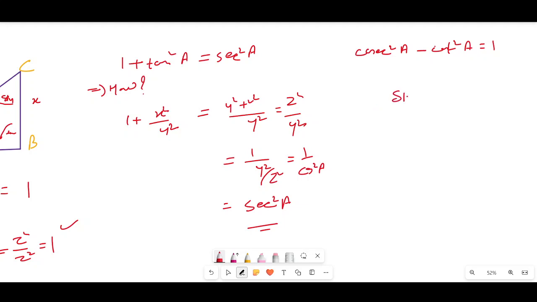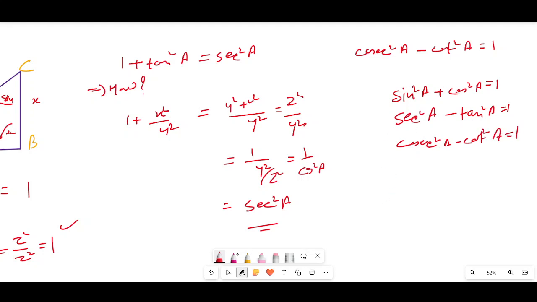Sine square A plus cos square A is 1. Sec square A minus tan square A is 1, and cosec square A minus cot square A is 1.